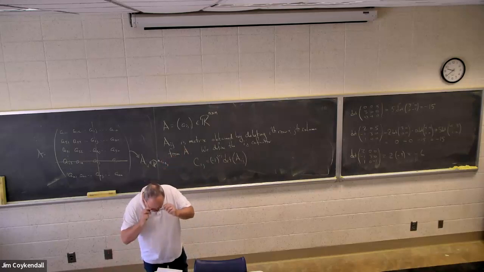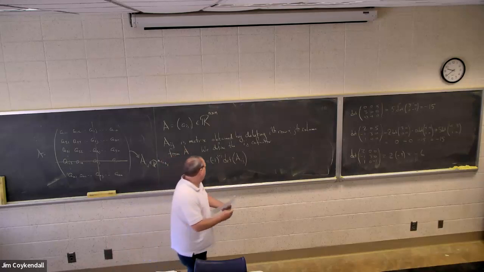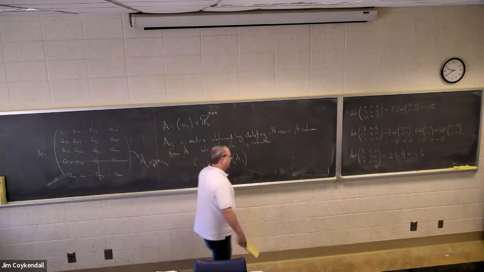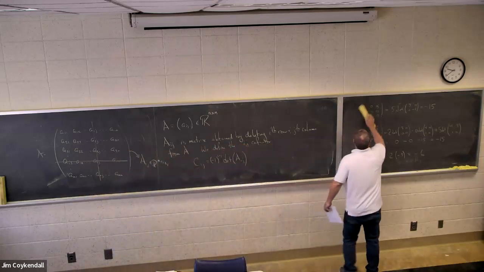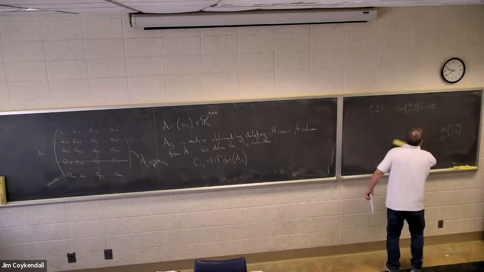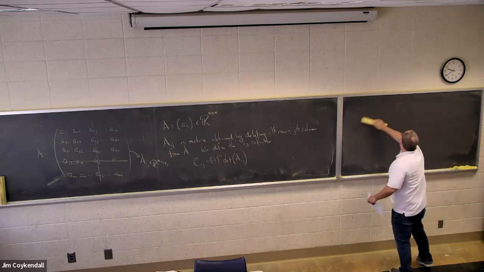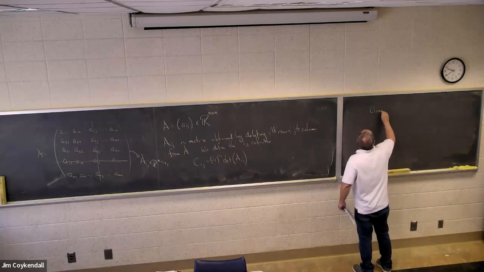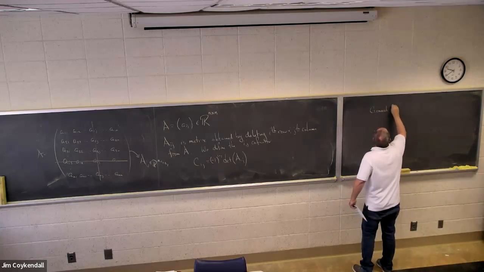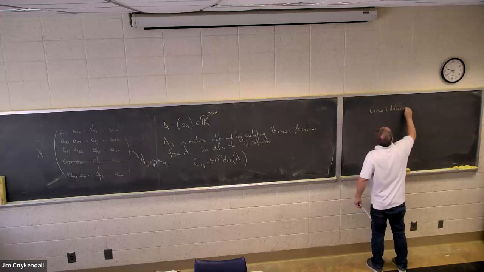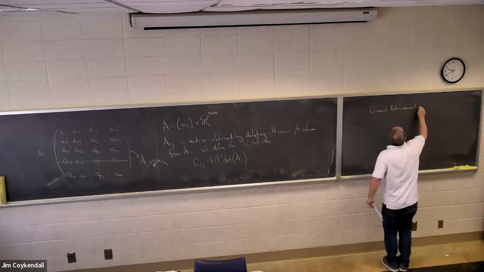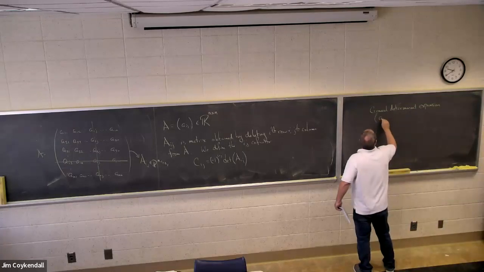So here's the general formula for getting a determinant by expanding by a row or column. So here's the general expansion. Any row or column.